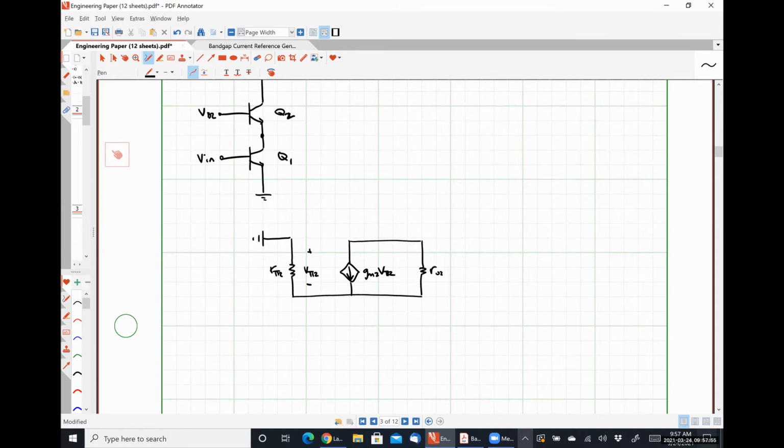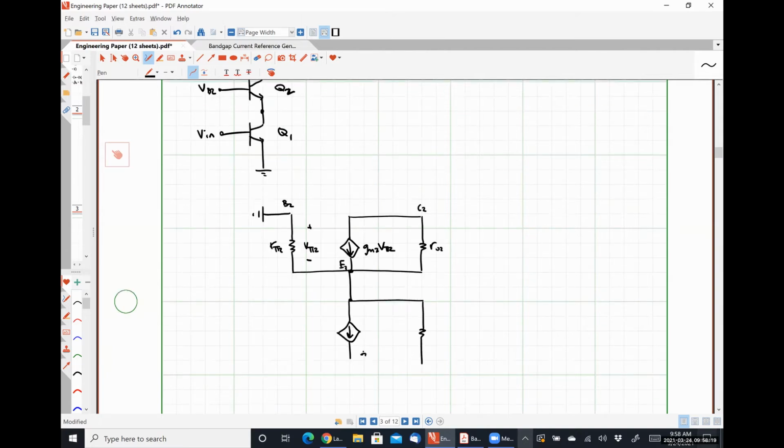So there's transistor 2. This is base 2, collector 2, and right here would be emitter 2. Oops, sorry, gm1 v pi 1, r naught 1.